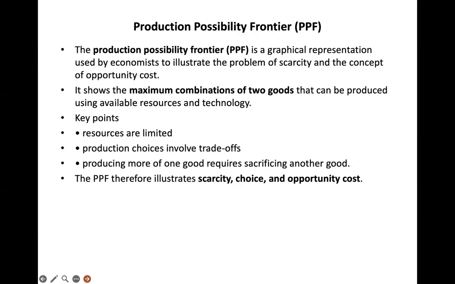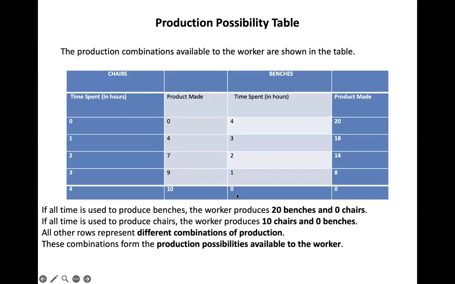So we have a hypothetical firm that is producing chairs and benches. He has only 4 hours in the production of the chairs and the benches. Let's assume that he's not using any of the hours to produce chairs, but he's using all the 4 hours.